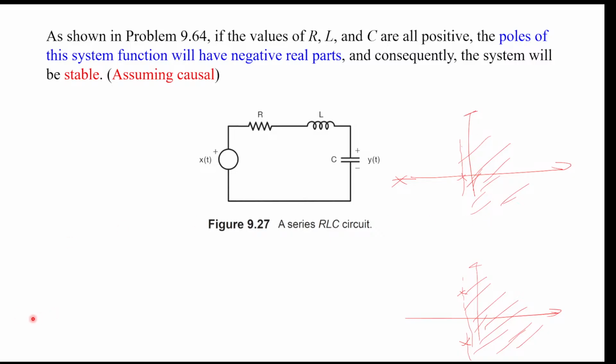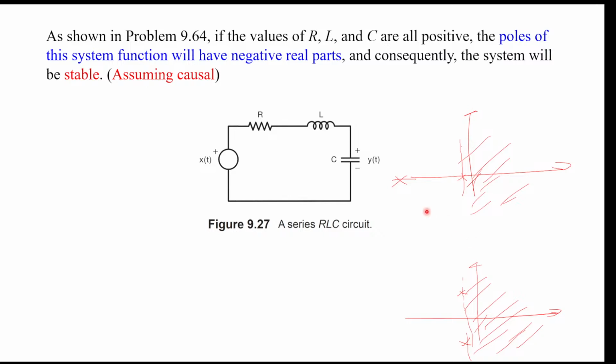So if we have a rational system and all our poles have a negative real part, then if it's causal, it will also be stable.